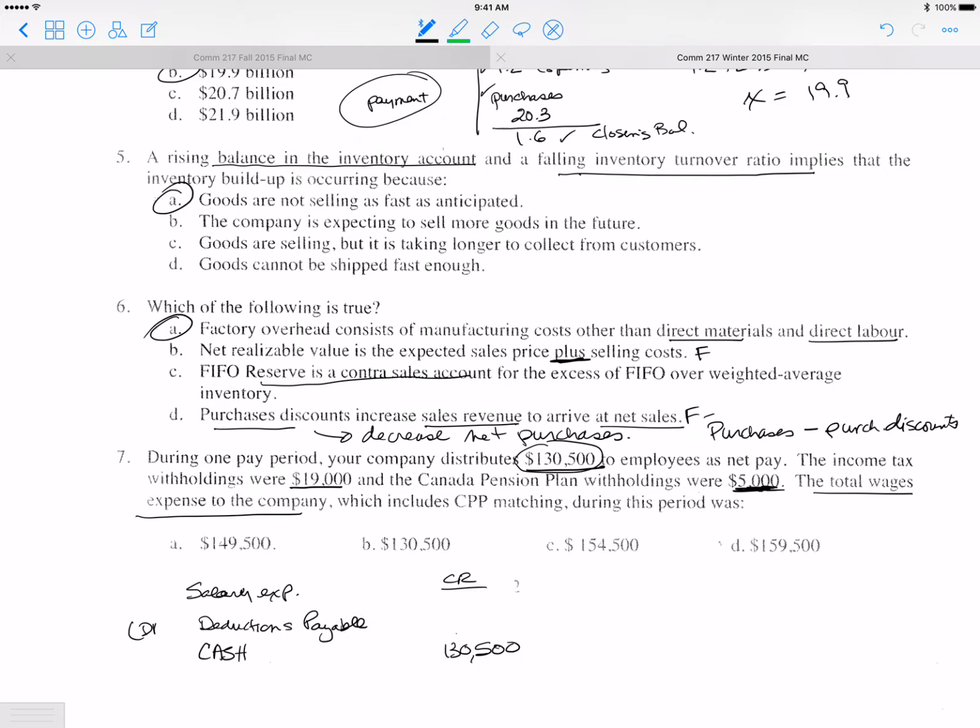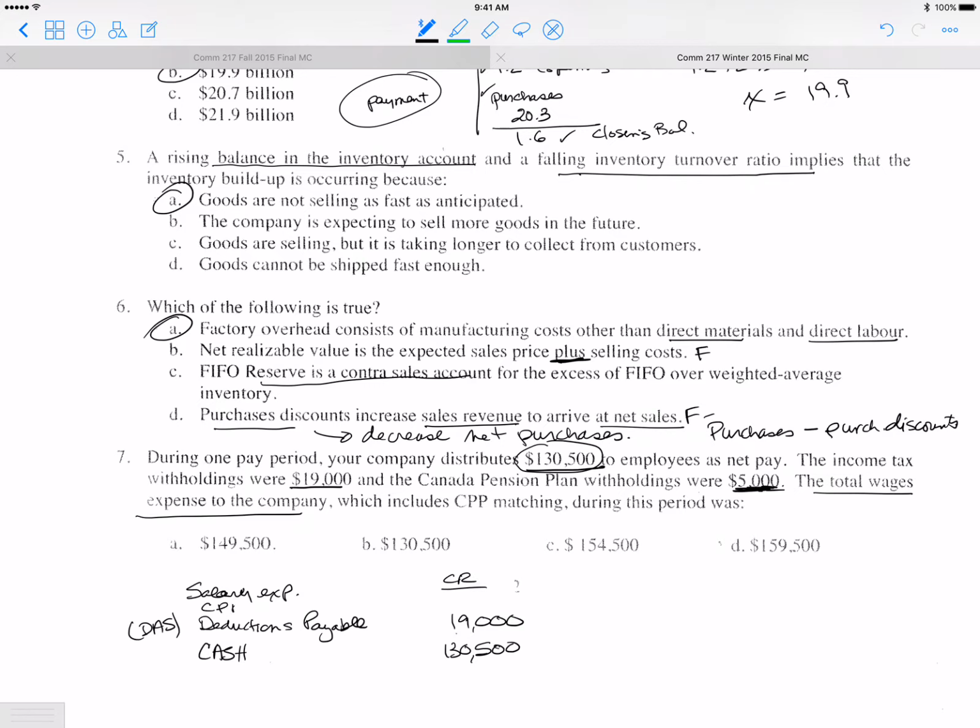Okay, this is deductions at source payable or taxes payable. Regardless of what you call it, it is money that's withheld from the employee's salary and remitted to the government. So the organization acts as a tax collector in one sense. So we owe the government $19,000 for this, and this is for the income taxes.